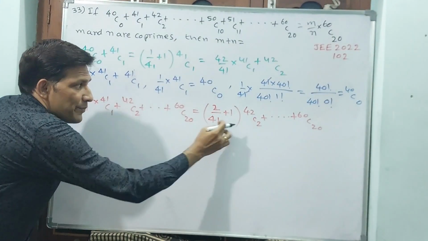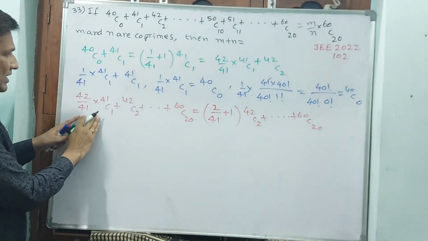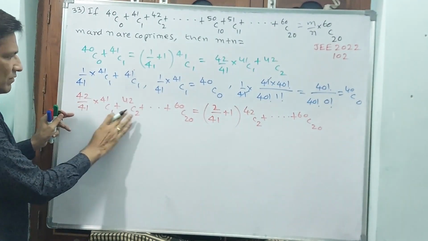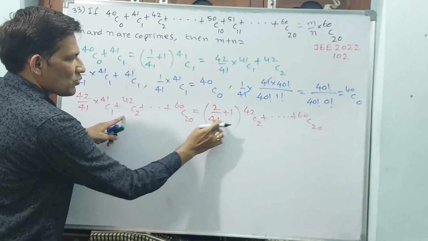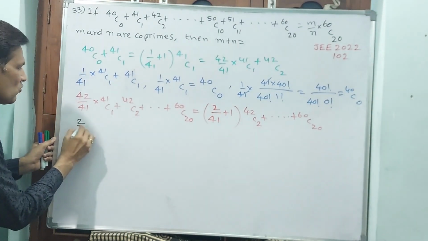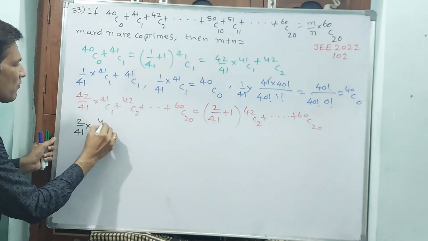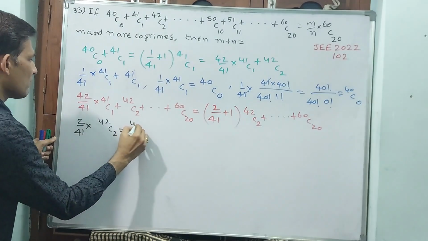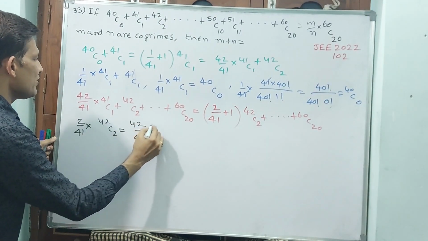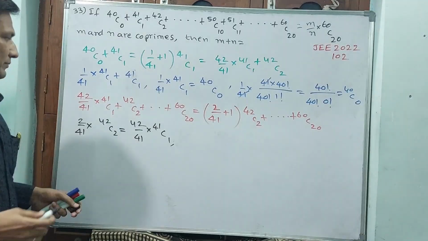Here observe carefully: 42C2 is already there, plus 1 into. What you have to show? 2 by 41 into 42C2 should be equal to this one, 42 by 41 into 41C1.